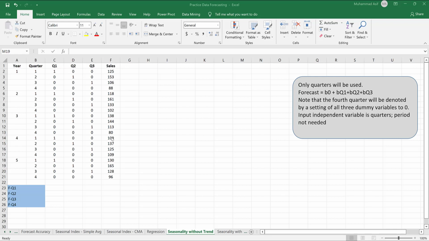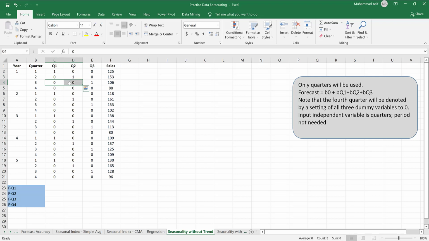And this is sales. It's very important that data is organized in the right way. For example, when we are talking about the first quarter, Q1 is 1, and Q2 and Q3 will be 0. When we are talking about the second quarter, Q1 becomes 0, Q2 becomes 1, and Q3 is 0. When we talk about the third quarter, Q3 becomes 1, and the other 2 become 0.